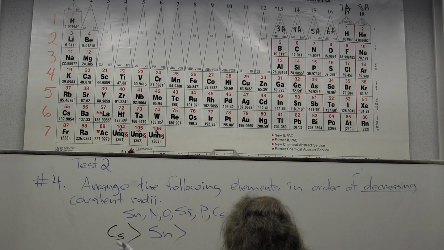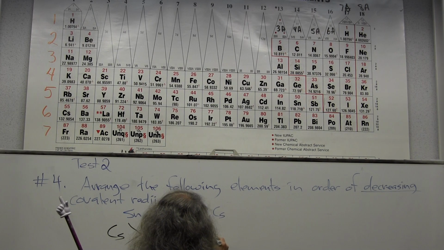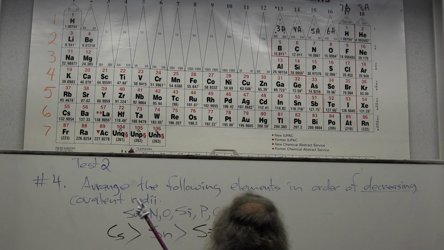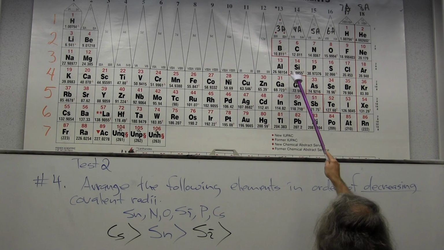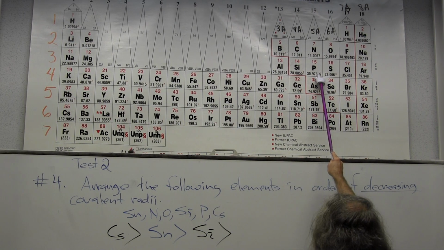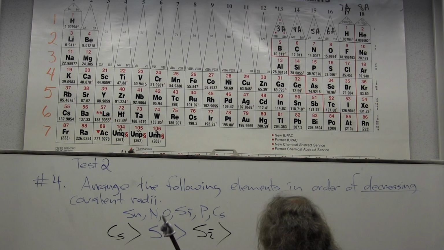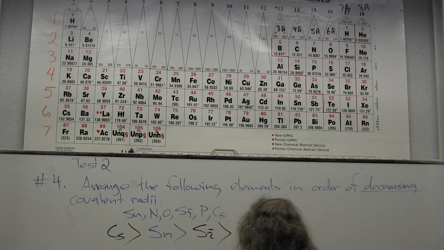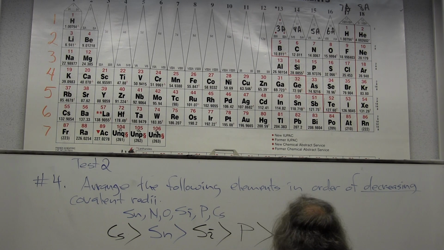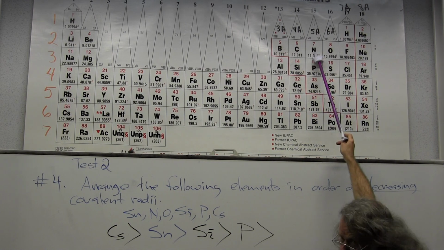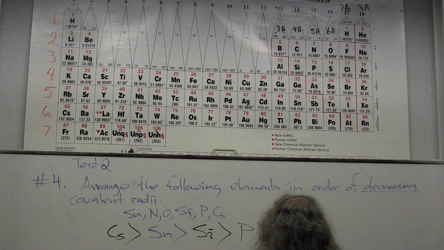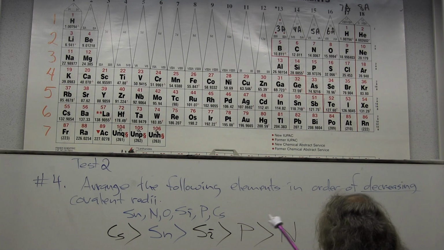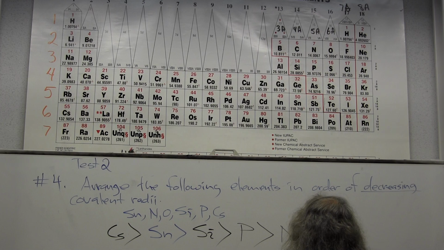So silicon's going to be larger than, right adjacent to that is phosphorus, which is itself going to be larger than, I go directly up from phosphorus, nitrogen. And nitrogen is obviously going to be larger than oxygen. And now we've arranged them in the appropriate sequence.